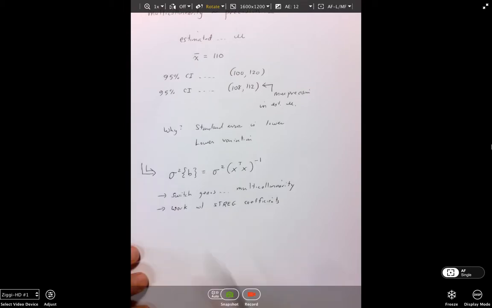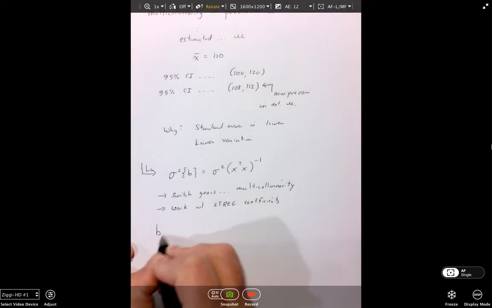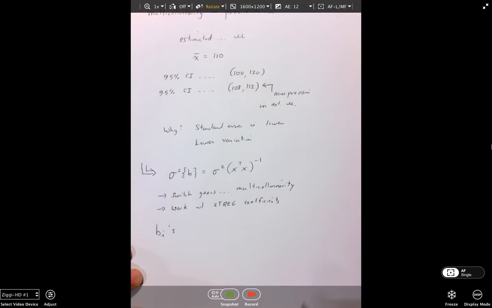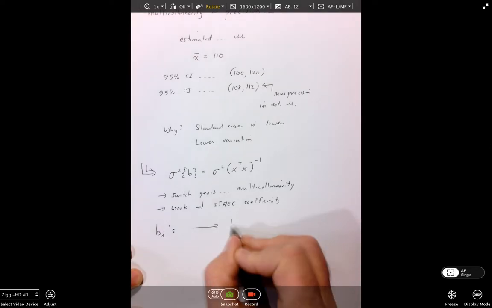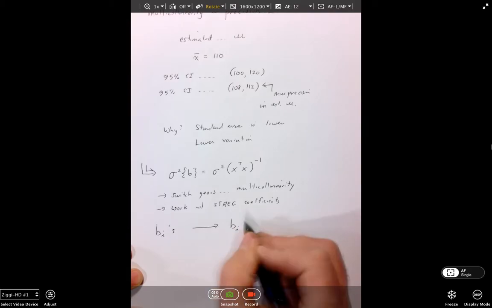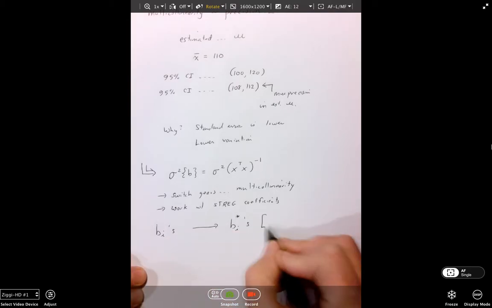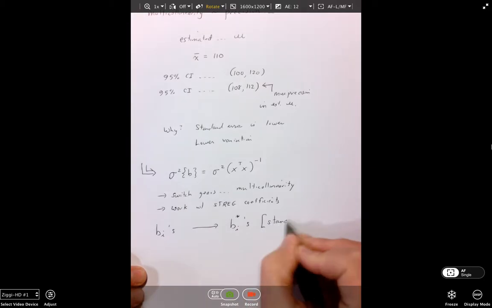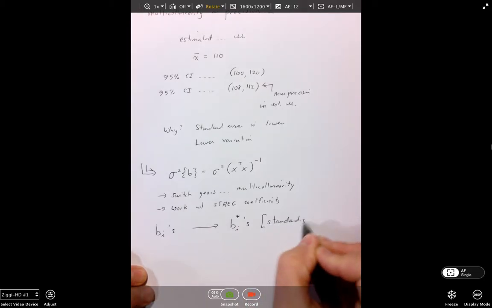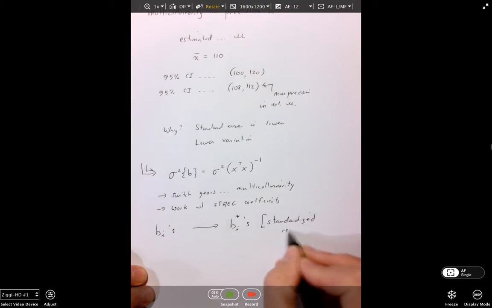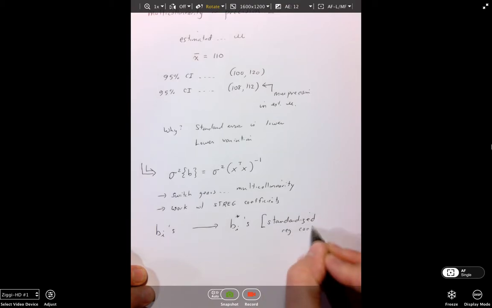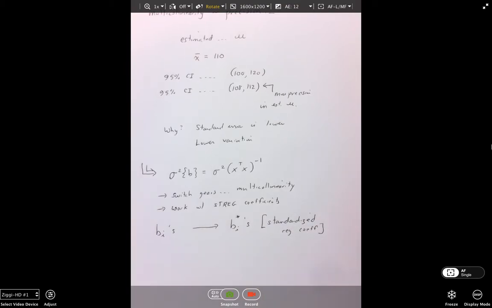units. So, guys, what we do is we take our B sub i's, which are the estimated regression coefficients, and we turn these into our B sub i stars, which are our standardized regression coefficients. And hopefully you remember that, right?